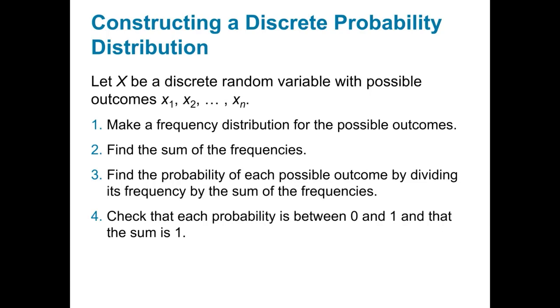So really what this is saying, you're finding the relative frequency. That's what these 3 steps really tell you. And then checking that it's between 0 and 1. So all a probability distribution is a relative frequency table. So what we did back in chapter 3, that's all we're doing now.